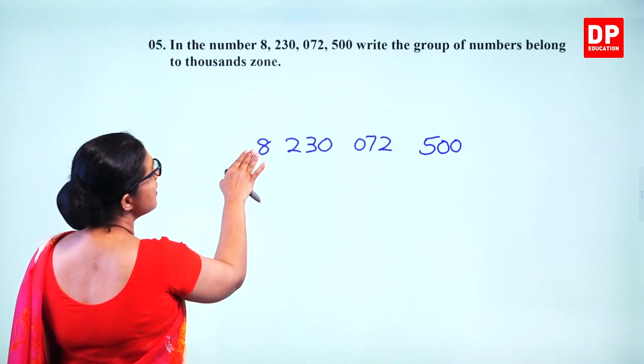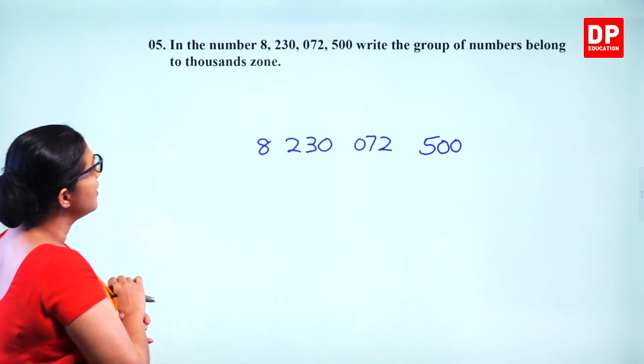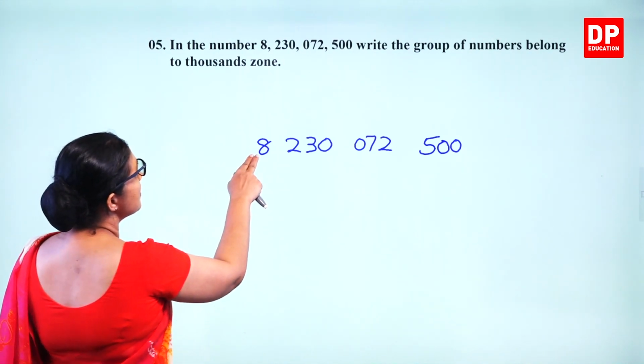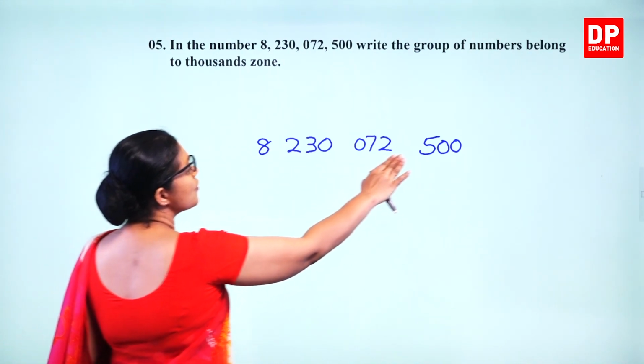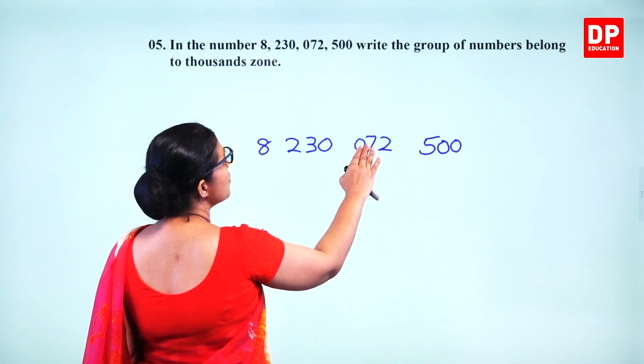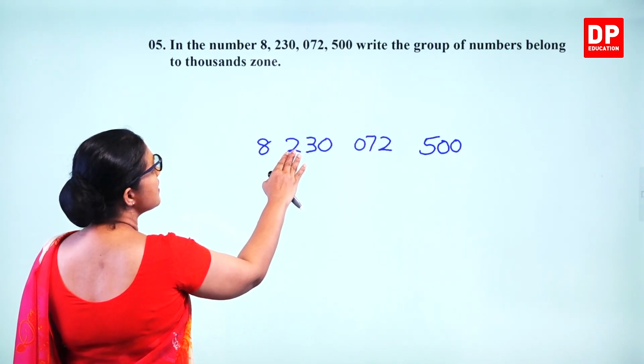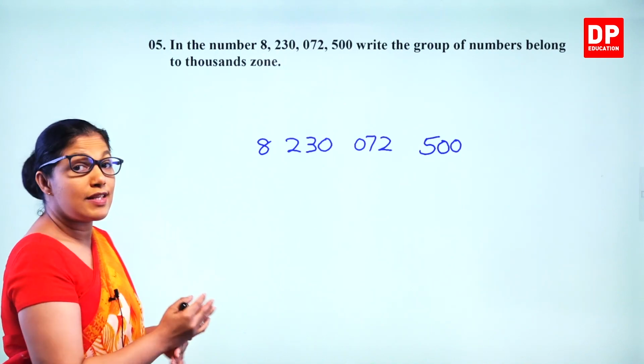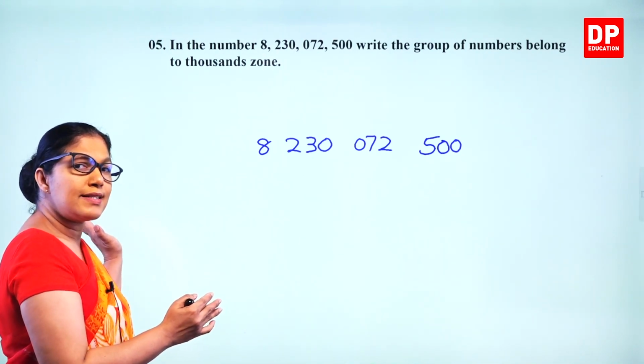And this is billions. So here hundreds, thousands, millions, and you can say billions, trillions, like that.